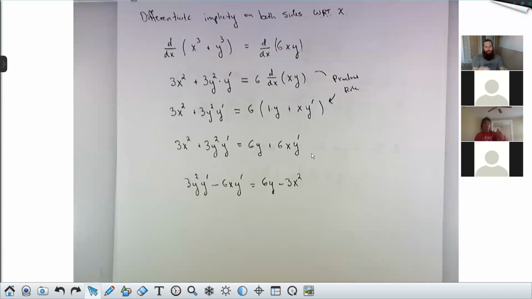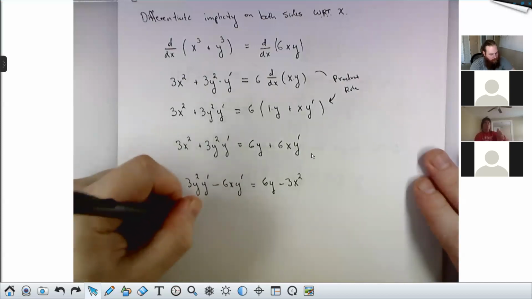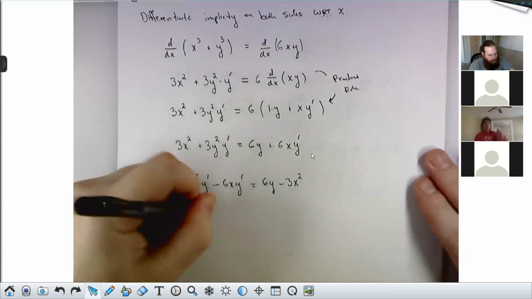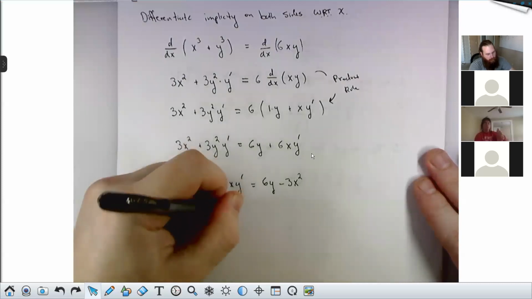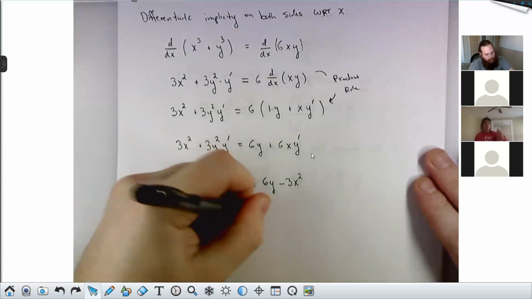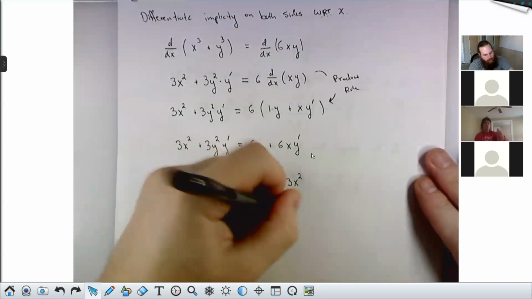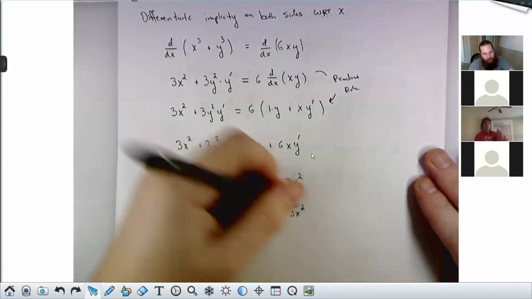So I take all the y prime stuff to the left and everything that doesn't have a y prime to the right. I do that because I want to factor y prime out on the left. If I factor y prime on the left here, I get 3y squared minus 6x times y prime equals 6y minus 3x squared.